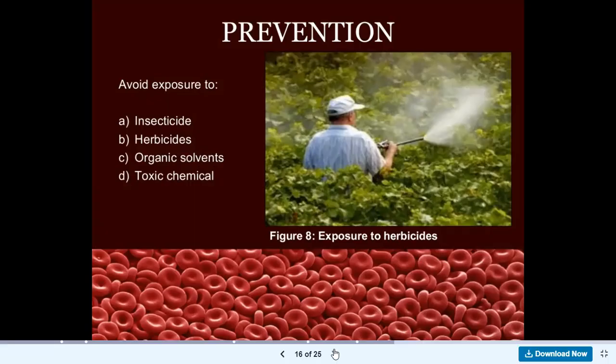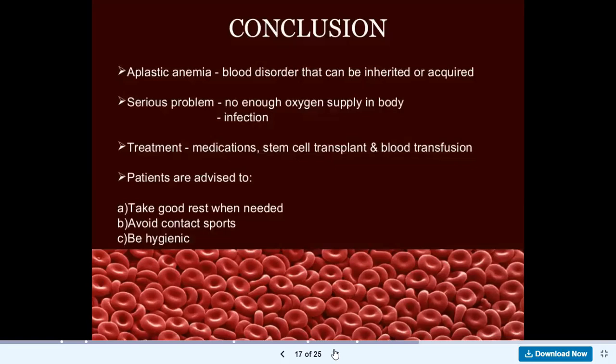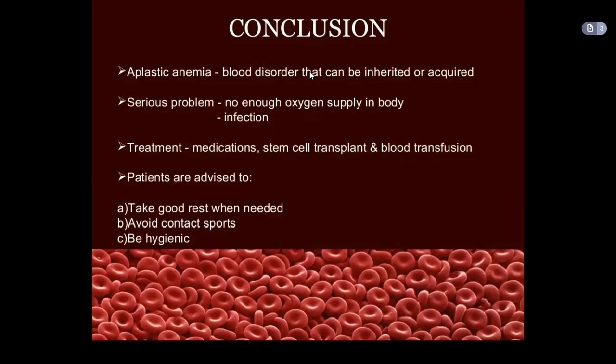Okay, so conclusion. Aplastic anemia is a blood disorder that can be inherited or acquired, and it is a kind of disease that leads to a serious problem, because when you don't have red blood cells, you are in trouble, because you cannot have oxygen supply.